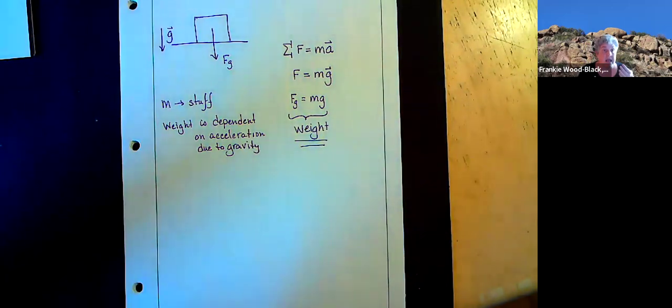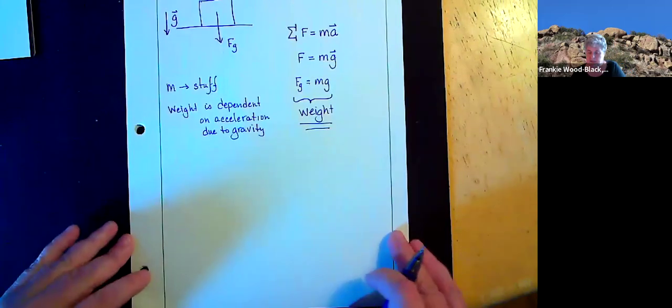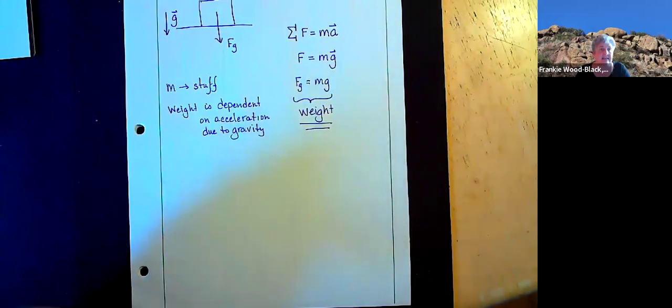It still has the same mass, but its weight is going to be significantly different. And we're going to see that when we do the elevator experiment. We'll talk about the elevator experiment tomorrow, and actually look at it as well.